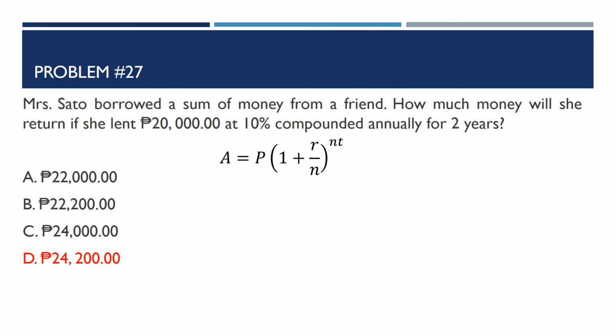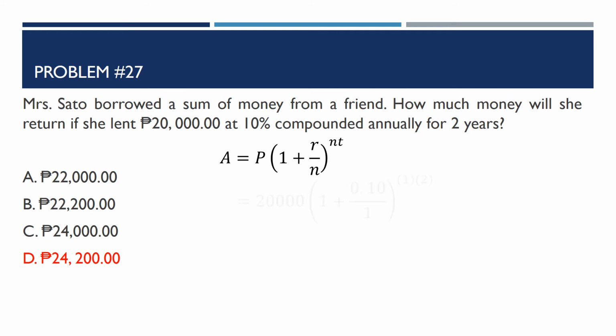Unlike the compounded, it can be every month. That means the interest that was added will also take an interest. So there is an interest in the interest. That means for compounded, it can be a bigger amount compared to simple interest.